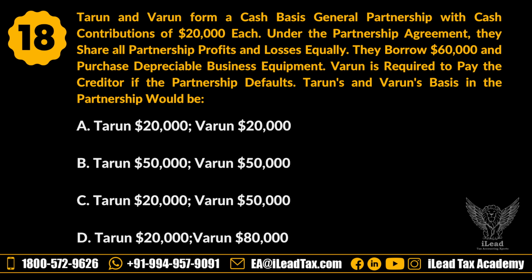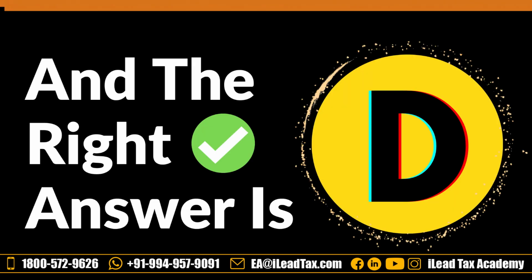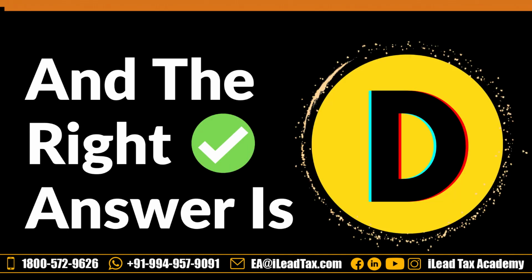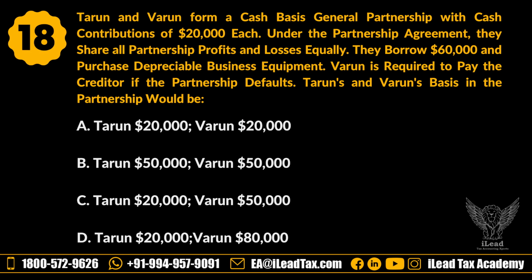Let's see the answer. The answer is Tarun 20,000, Varun 80,000. So here Tarun and Varun have each contributed 20,000, and the partnership has borrowed 60,000, and Varun is responsible to pay the creditors.